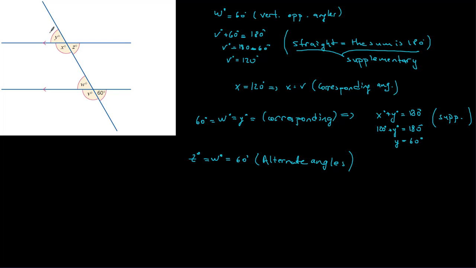Y is equal to 60 degrees because it's equal to W. Z is equal to 60 as vertically opposite to Y, but we can also find Z and W are alternate interior angles, so they are equal to 60 degrees. There are different ways to find the solution. In the exam, whichever way you use is not going to be important for me.